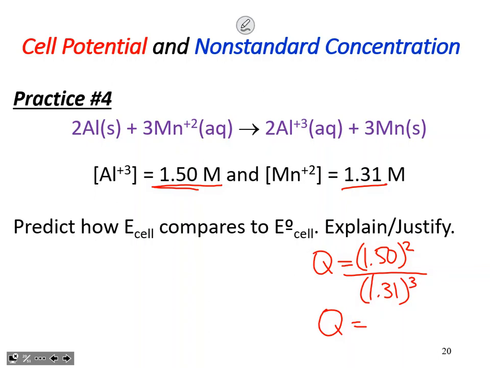Q actually equals 1.00 whatever. So Q equals 1 here. That means that your non-standard E cell is equal to the standard E cell. So I don't know why anybody would do this. Why not stick with 1 molar solutions? Seems like that would be better just to go with standard conditions.